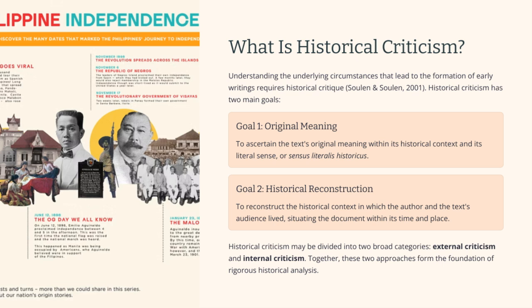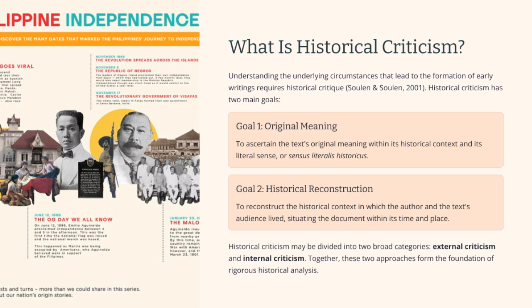On the other hand, internal criticism aims to determine the original meaning of the text itself, often called the sensus literalis historicus. This means understanding what the text truly intended to convey, in its literal sense, within its historical setting. The overarching goal here is to grasp the original meaning of the writings, which helps us see how they were understood in their own time.